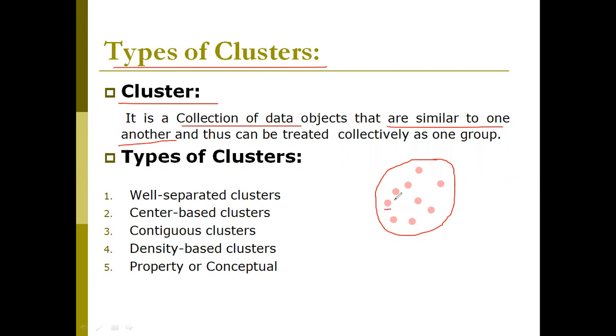If you observe this point and this point, these two are similar to one another. Not only these two, you may check this one or this one. So what are the similar features of the points within this cluster? One is color, one is shape, and the third is size. These are the three different features of each and every data object.